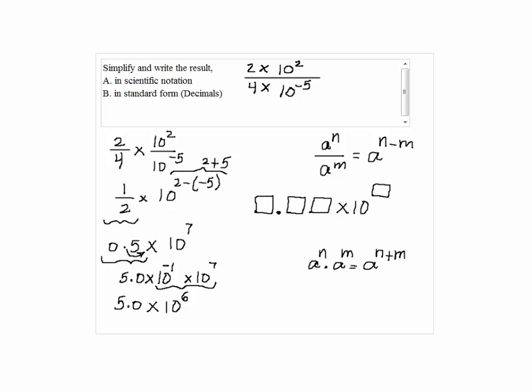Minus 1 plus 7 would be positive 6. So this would be the scientific notation form. And in standard form, this is simply 5 followed by 6 zeros. That would be the standard notation for part B.